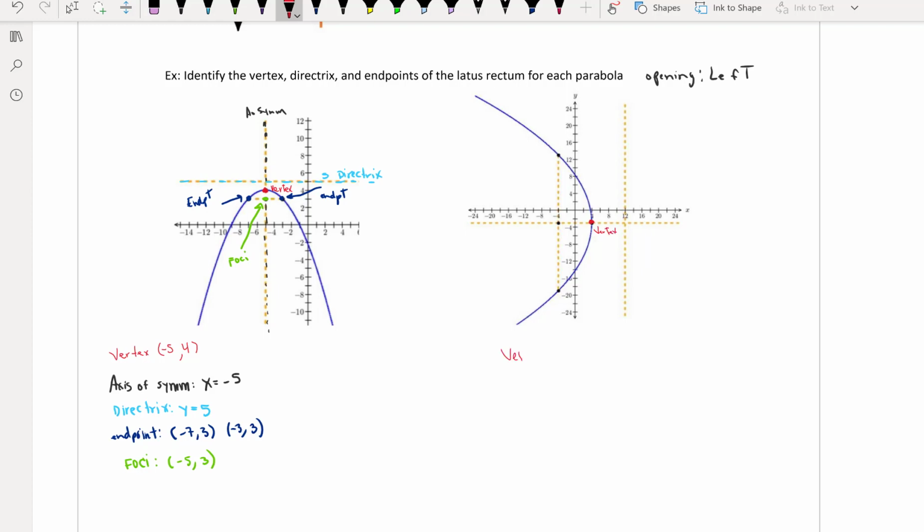So I can say that my vertex is that special ordered pair, and it looks like the vertex is (-4, -3). I can also tell you the axis of symmetry, because it goes right through it. That would be this line.